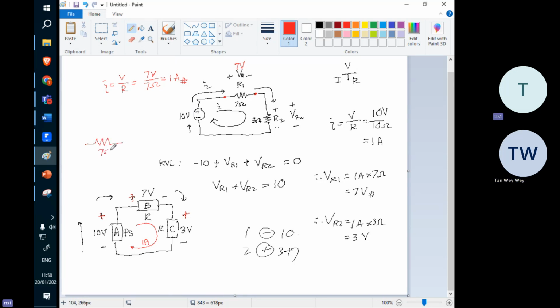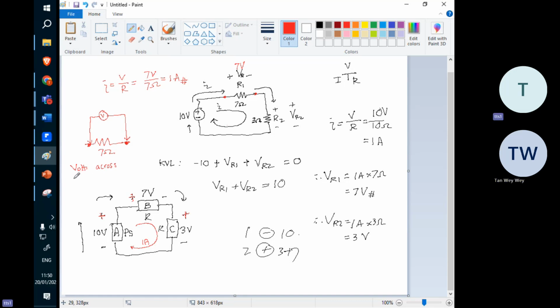7 ohm, right? So if somebody measures the voltage here, he takes a voltmeter and measures this node and this node. Pay attention to my words. This node and this node is actually a voltage across. We call it voltage across 7 ohm.